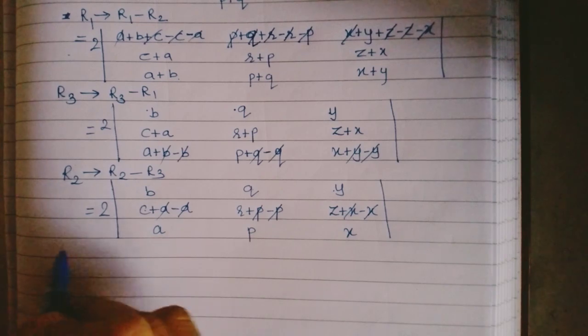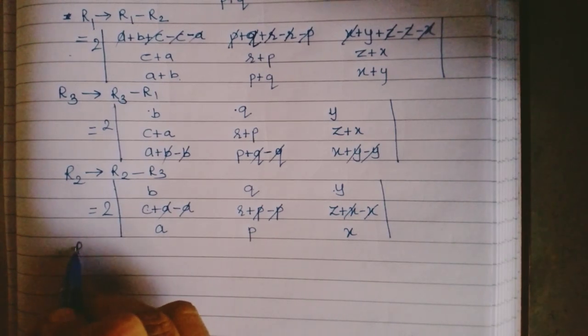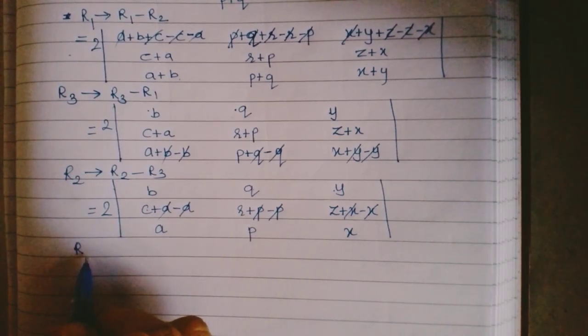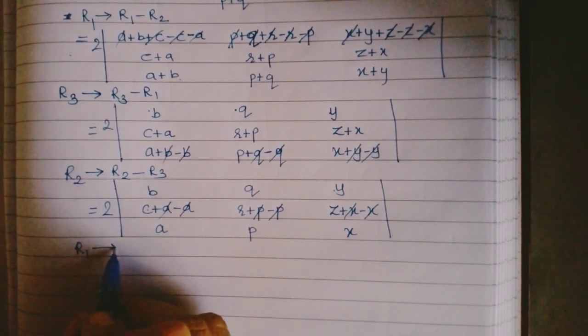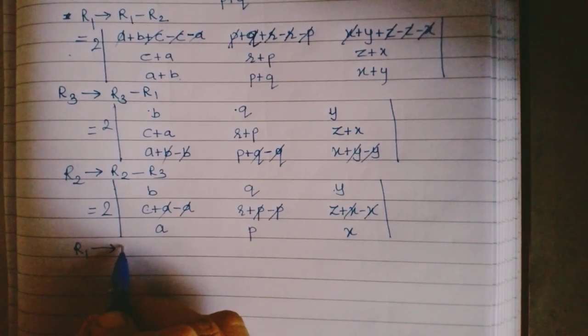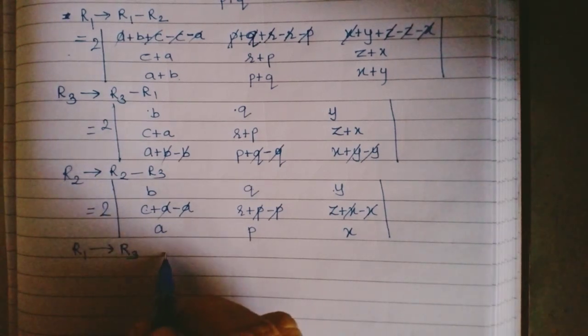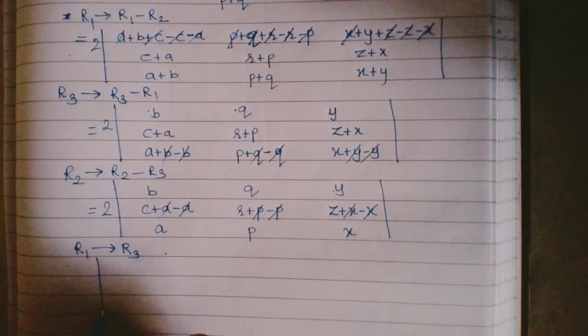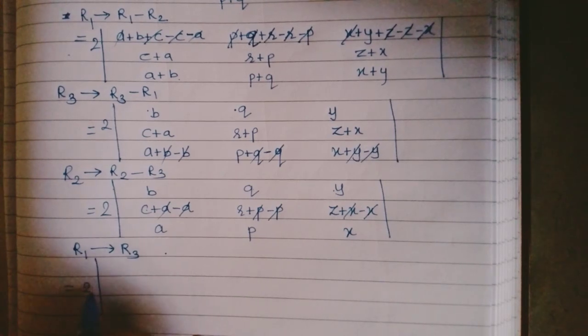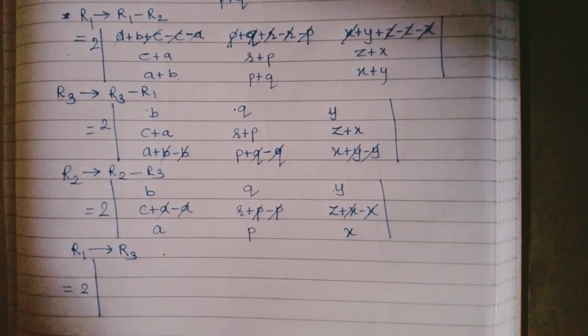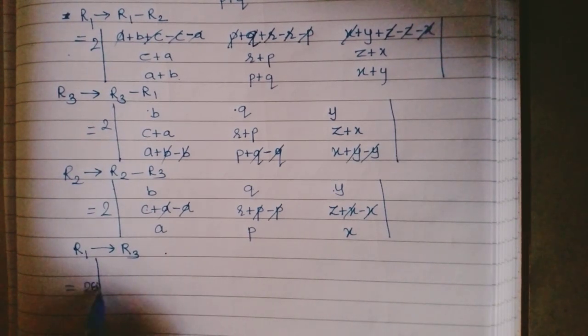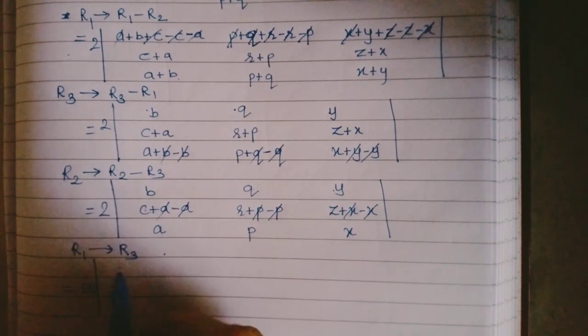Okay, so I am interchanging R1 to R3. So when you interchange the rows, you will get a negative sign outside, right? Minus 1.